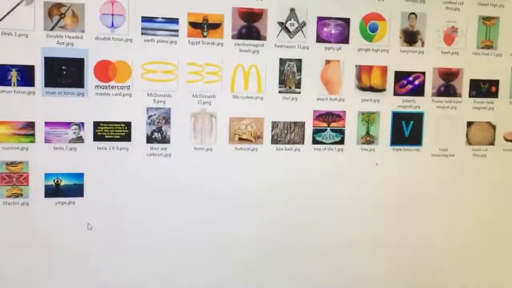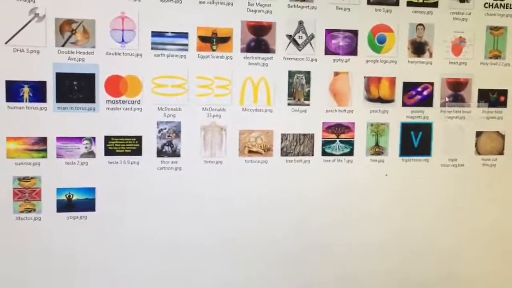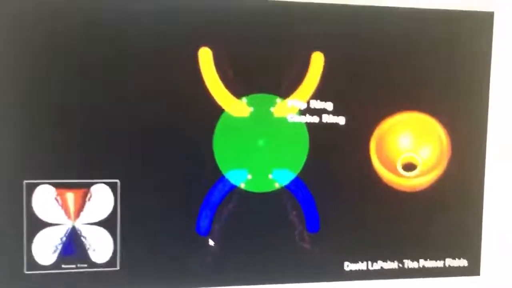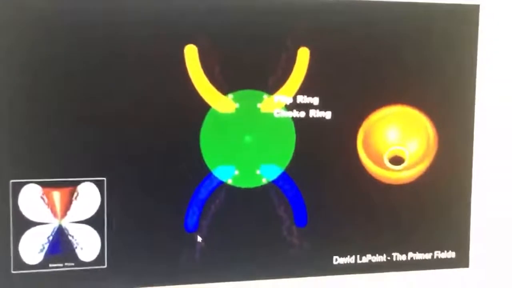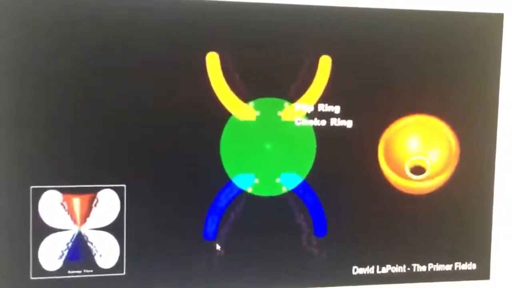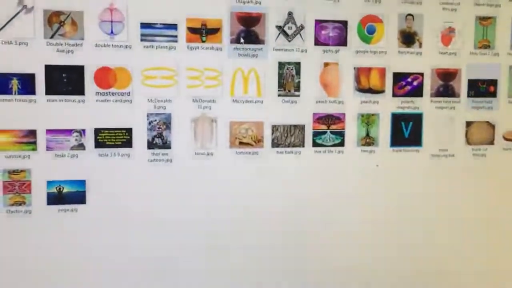But the triple torus is much more complicated, and for me it stemmed from looking at this kind of primer field stuff. Guys that were doing research on how primer fields work, where they create two very powerful magnets, and in between of the primer field they note that they can put iron balls, and these will form into sacred geometric shapes every time.